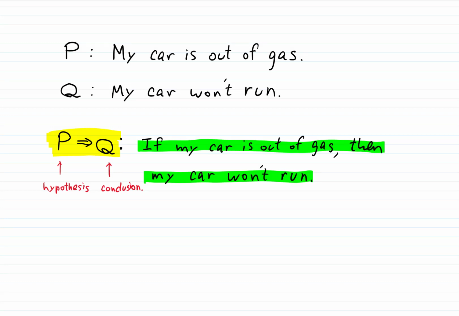So that tells us some very important information, that the truth of P implies Q does not depend upon P being true or false, and it does not depend upon Q being true or false, but it does depend upon the relationship between P and Q being true or false.